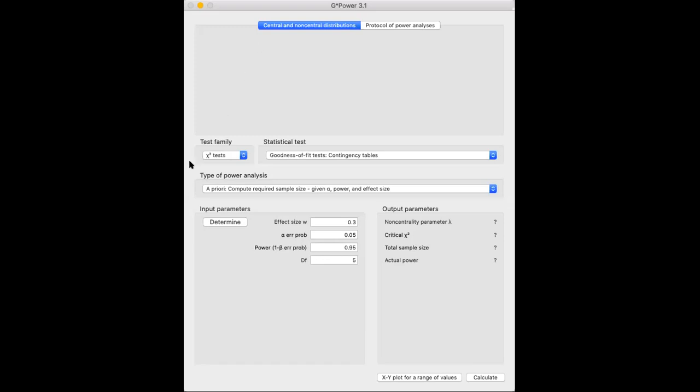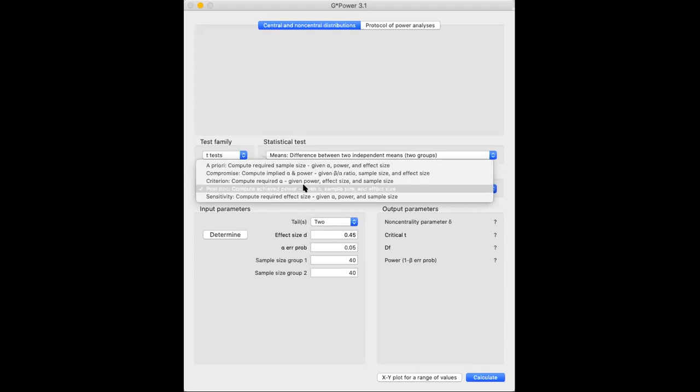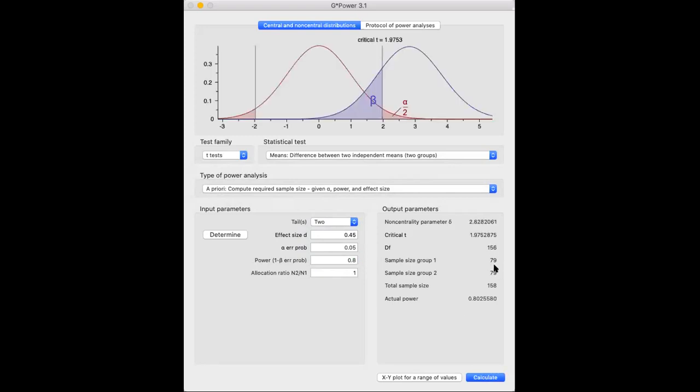So if we use, for example, a t-test, if you look at G*Power, you could do an a priori compute required sample size. If you have an effect size of 0.45, a power of 0.8 will require 80 participants per group. And that's way higher than the recommended minimum of 40.